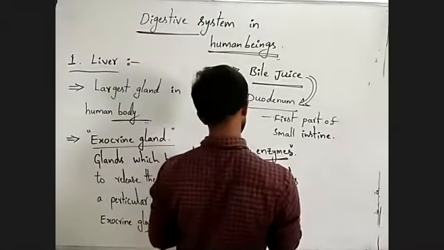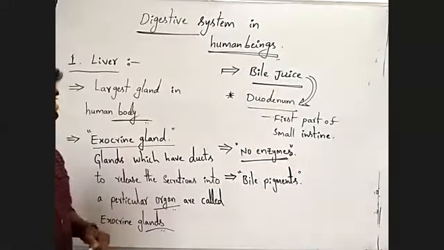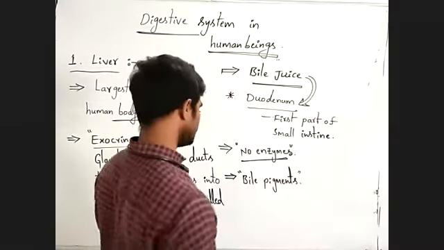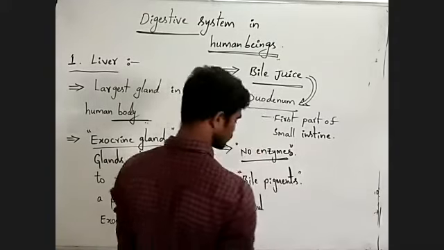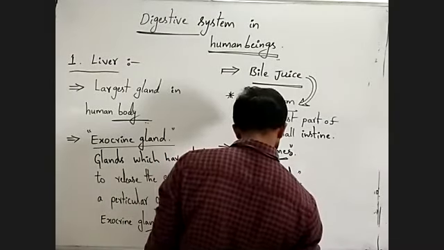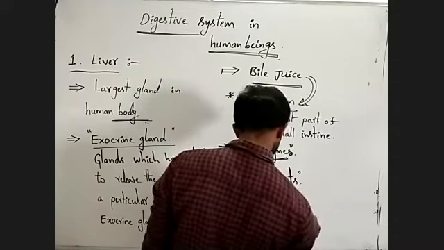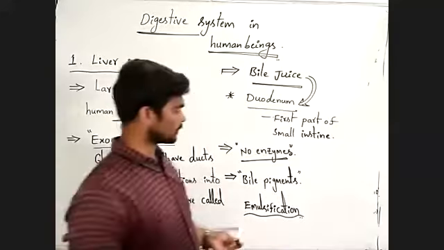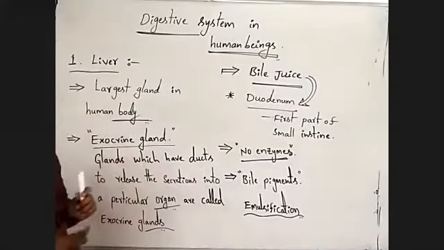These two are bile pigments. They are involved in the emulsification process.